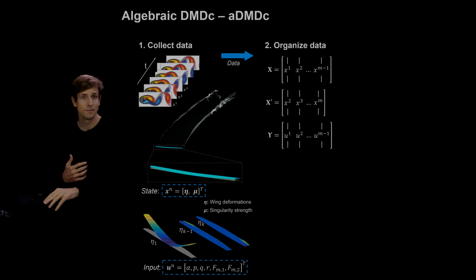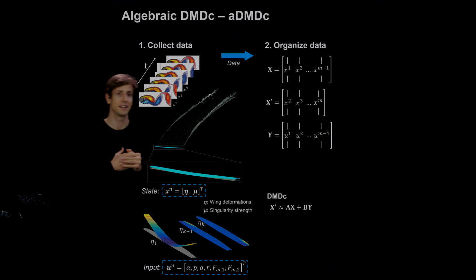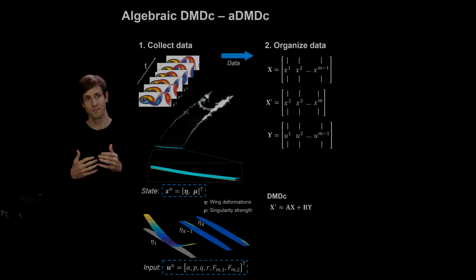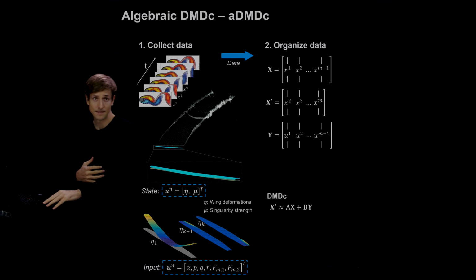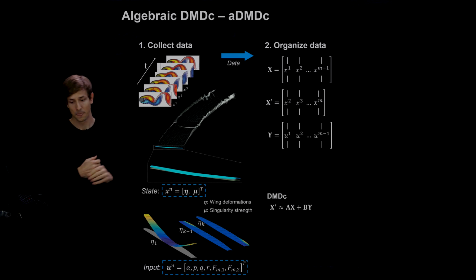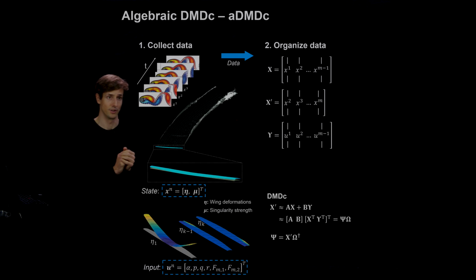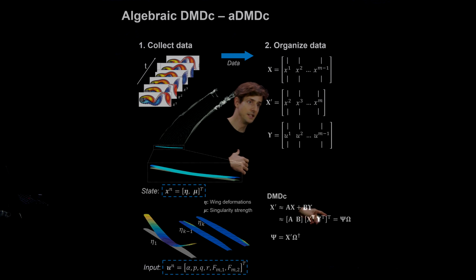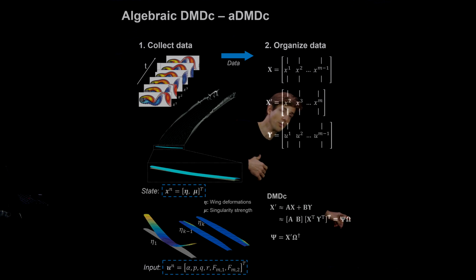And then what DMDC does is it tries to find a best fit linear model that advances our state X into X prime, considering the inputs epsilon. And ultimately, we want to find the two linear operators A and B. How this is done is by first reformulating this into X prime equals psi, which is our unknown operators, times sigma, which are our known snapshots.